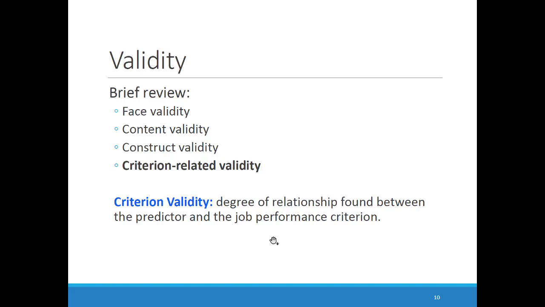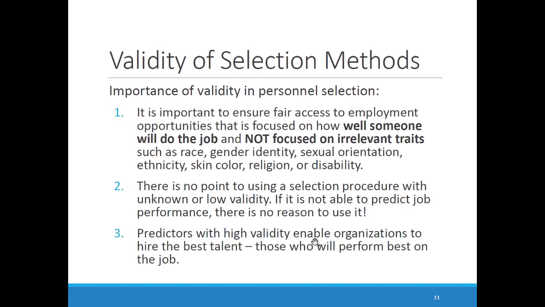And it's a strong correlation. Remember that we said around 0.5 is strong. So in other words, as test scores on intelligence increase, job performance scores also tend to increase. So that's what we mean by criterion-related validity. It's the degree of relationship found between the predictor and the job performance criterion.